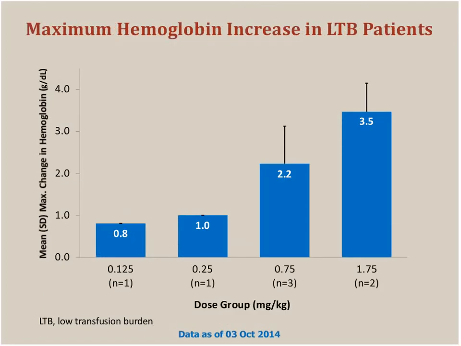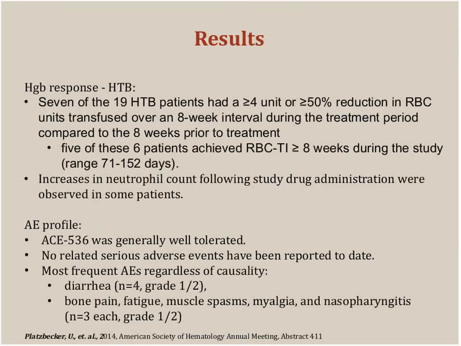And here you can see maximum increase in hemoglobin in patients with low transfusion burden, and the higher concentrations are associated with a greater rise. So the results of this study shown here, 7 of 9 in the high transfusion burden patients had a 50% or greater reduction in transfusion requirement. 5 of 6 amongst these patients became transfusion independent, with some increase in neutrophils in patients.